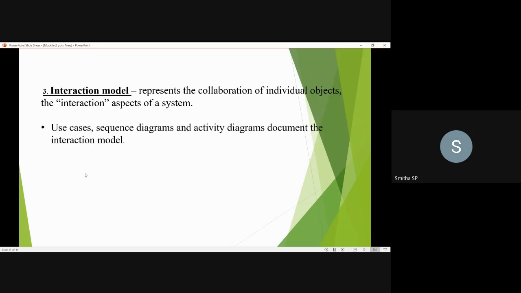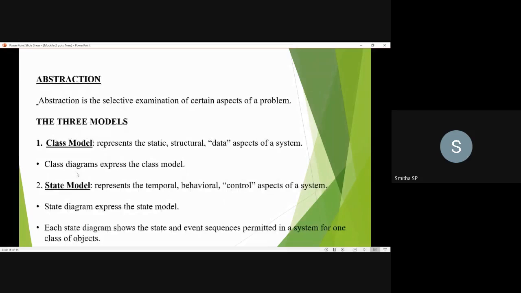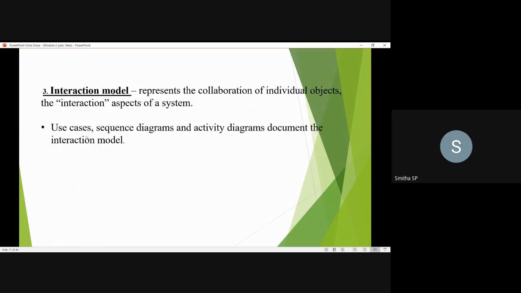So, to recap what we have discussed: abstraction is the selective examination of certain aspects of a problem, so that it isolates the aspects which are important from the aspects which are not that important. Next, we discussed the three models: class model, state model, and interaction model.